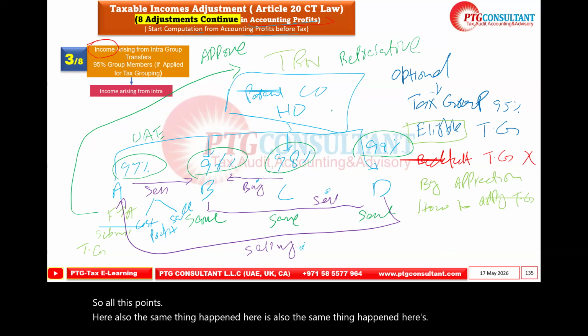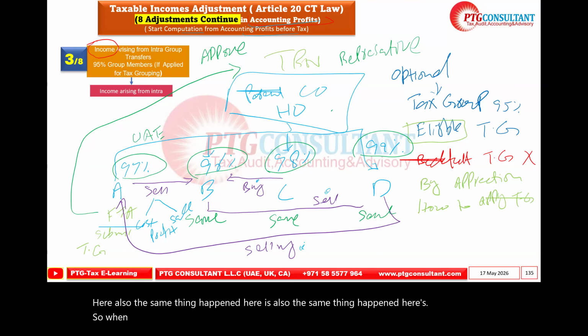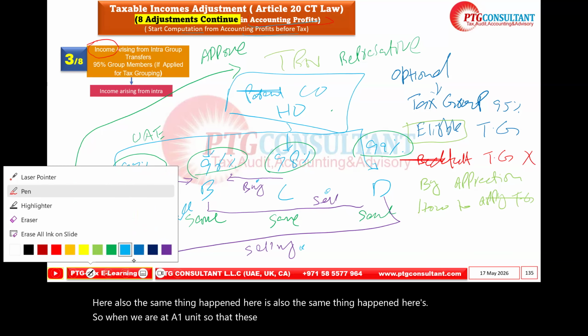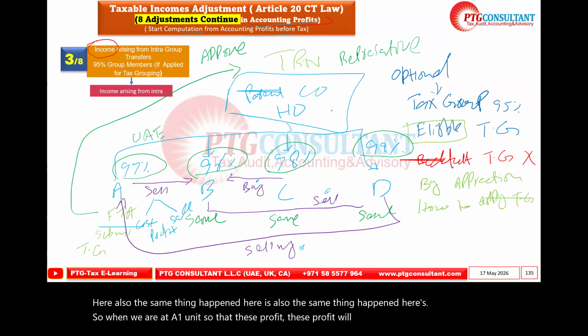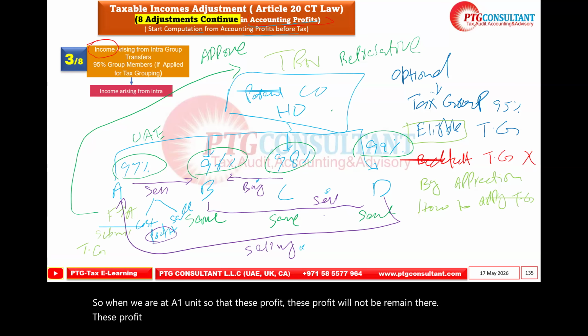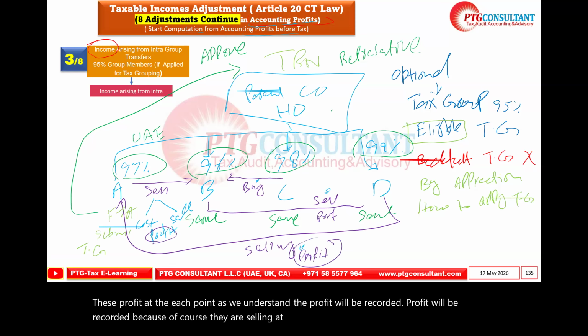So when we are one unit, these profits will not remain. The profit will be recorded at each point because they are selling at a certain margin.